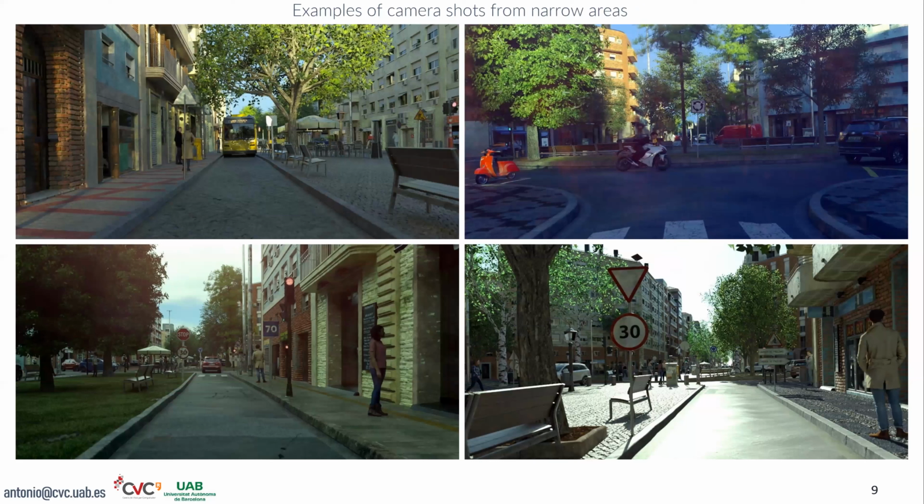And here you can see other pictures where we were taking images in, let's say, streets that resemble some places of Barcelona, with roundabouts, with some narrow roads, and so on and so forth.